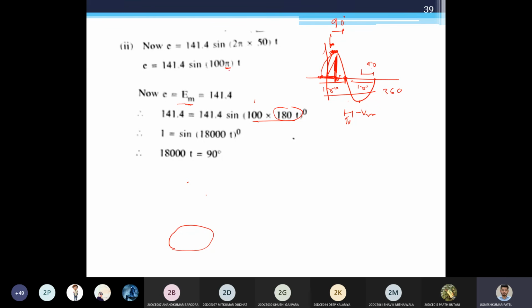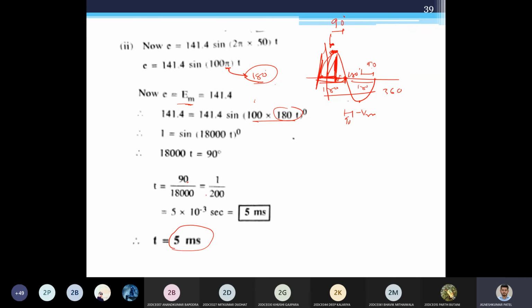We know that when pi is 180, at that time it will become 0. So if this is my origin, this is 180, and at that time it will become 0. So after 180, when it will become maximum, or again become 0, you can get this using this equation. So t is equal to 5 milliseconds.